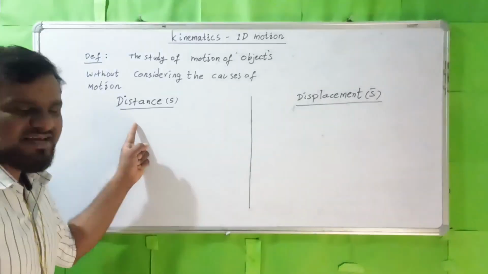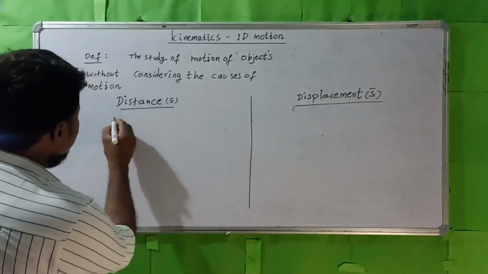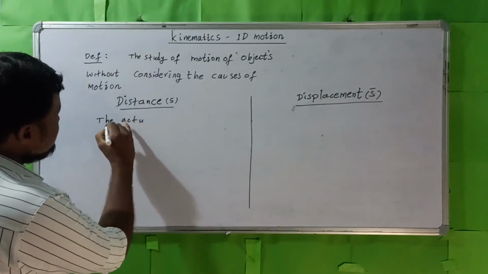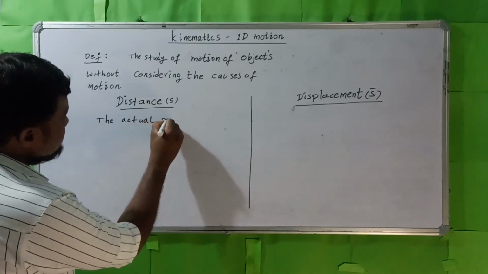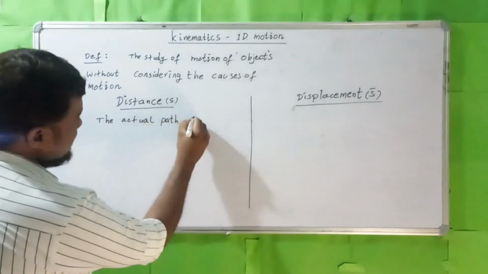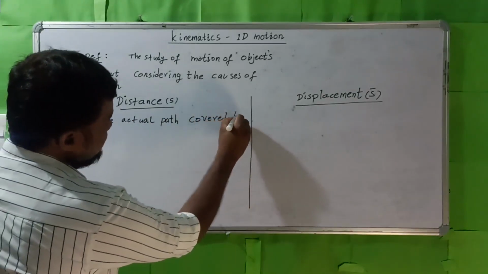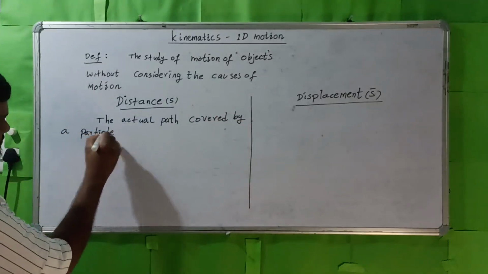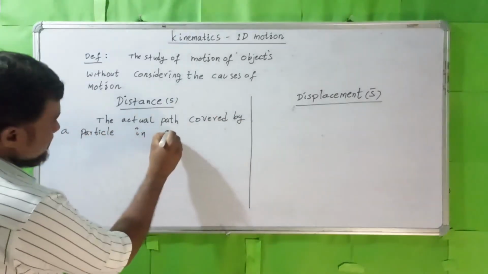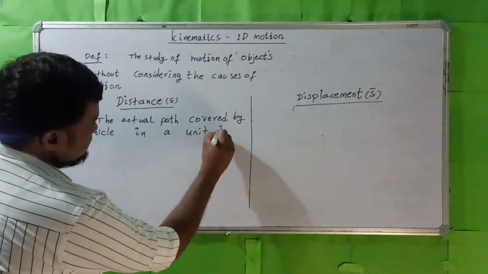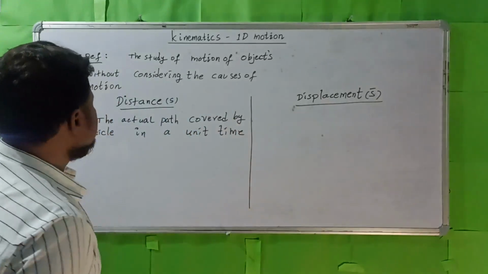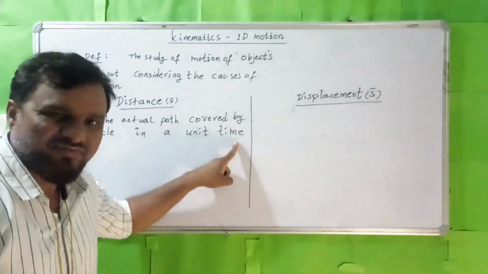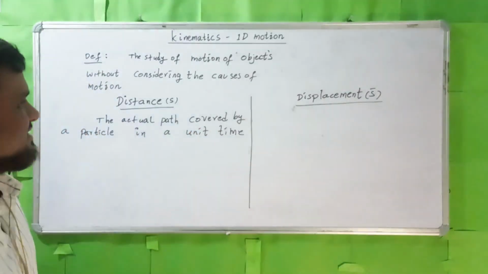If I define distance, the actual path covered by a particle in a unit time is called distance. The actual path covered by a particle in a given time is called distance.